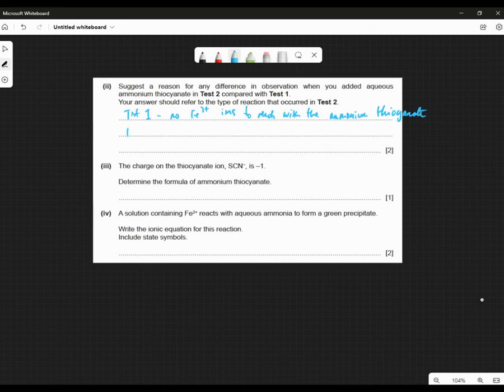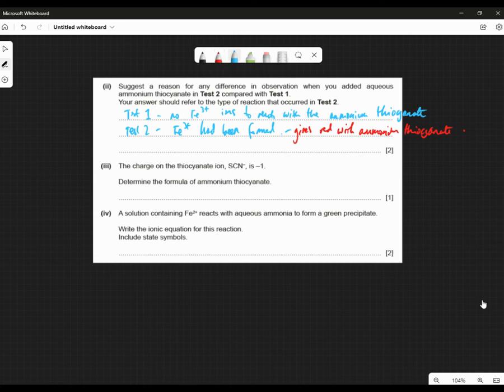Okay, in test 2, Fe3+ ions had been formed, and therefore that's why we get the reaction. Yeah, and this reacts and gives, let me put it in red, these ions give red with ammonium thiocyanate. Okay, that was why.